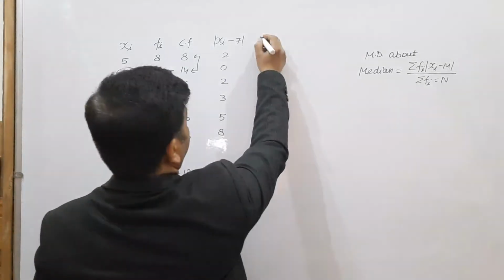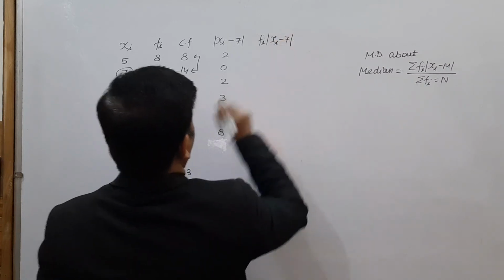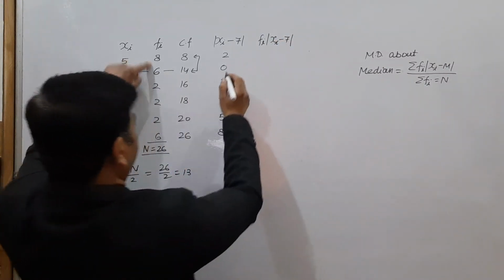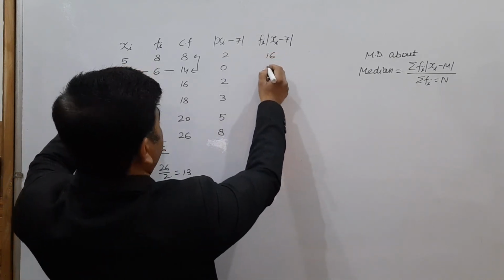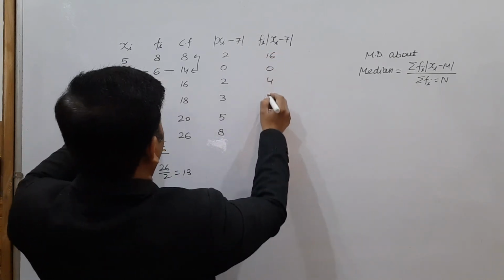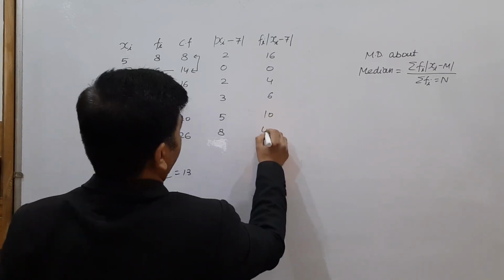Then we will find fi multiplied by modulus of xi minus 7. So this is fi, this is xi minus 7, this is 16 and 0, this is 4, this is 6, this is 10 and this is 48.